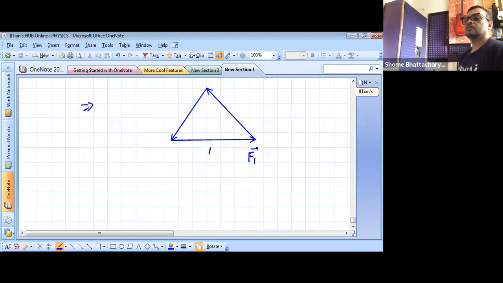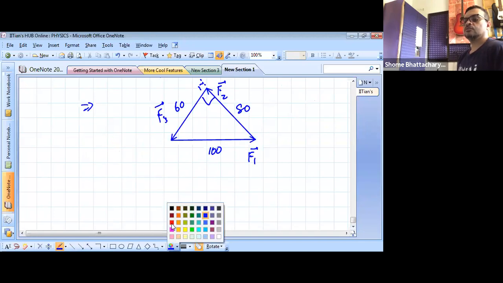This is F1, it's 100. This is F2, this is 80, and this is F3, this is 60. So you can see the angle between F2 and F3 is 90. But on the other hand, you'll also see that this is a 3, 4, 5 type of triangle. So this angle would be 37.